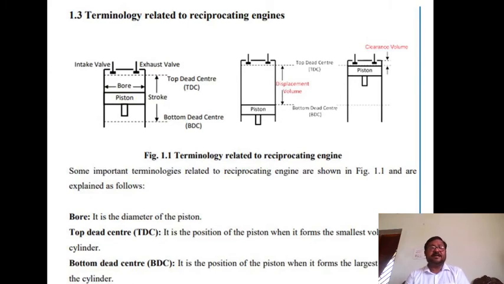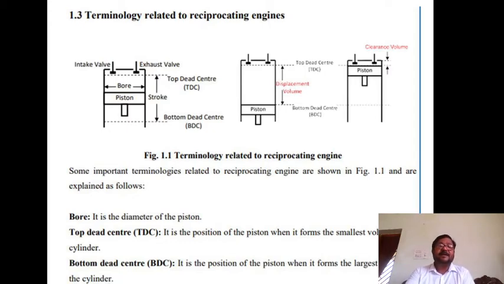Before going to the analysis of the different cycles, we need some terminologies of the engine, cylinder and piston. Look here, there is a piston, a cylinder, valves, the displacement volume and the clearance volume.